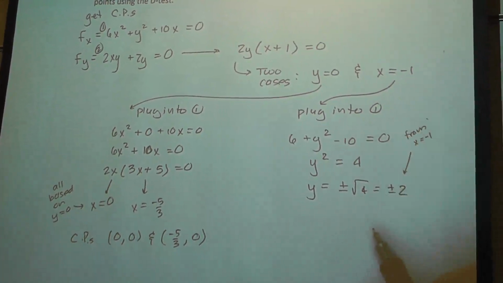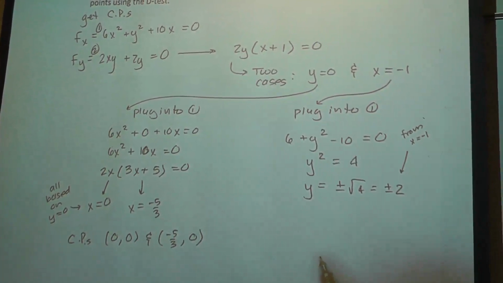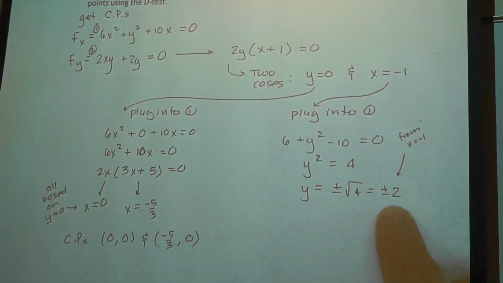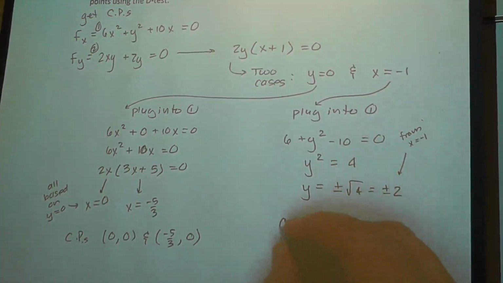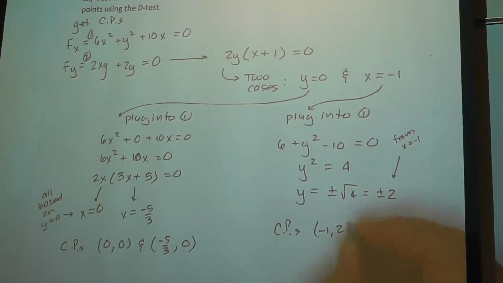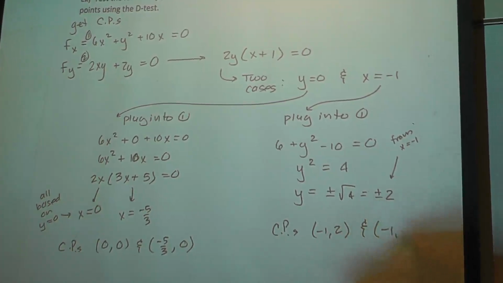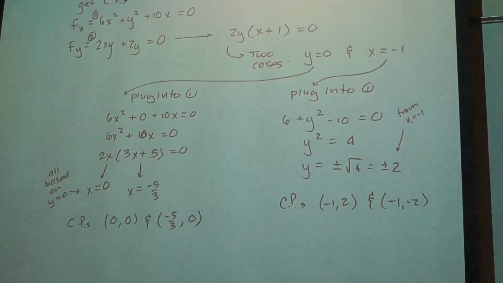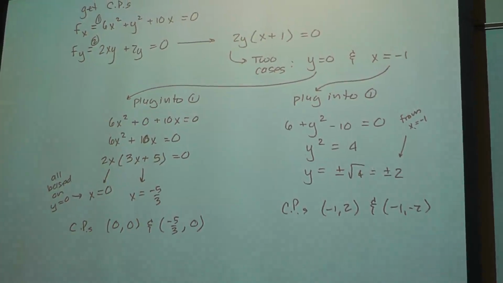So we knew the first half of any critical points we were going to get here already. We knew that the x coordinate is going to have to be -1. We get two values of y that pair with them. So the critical points here are (-1, 2) and (-1, -2). All in all, this surface produces 4 different critical points to check in the d-test.